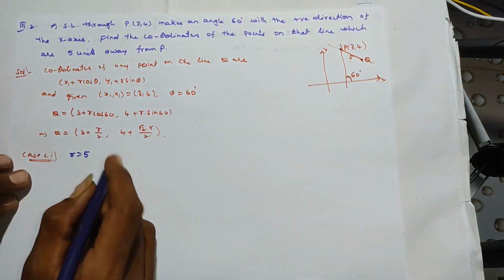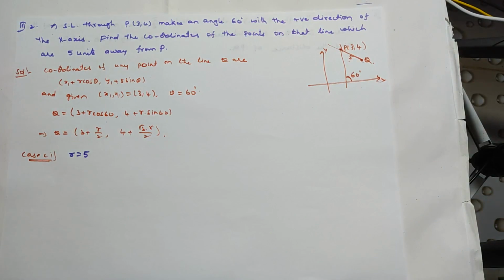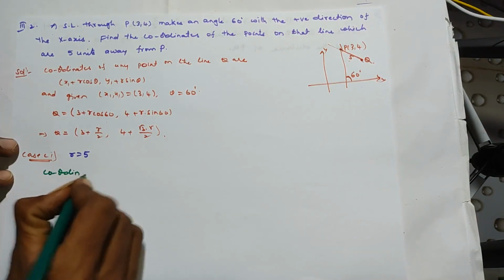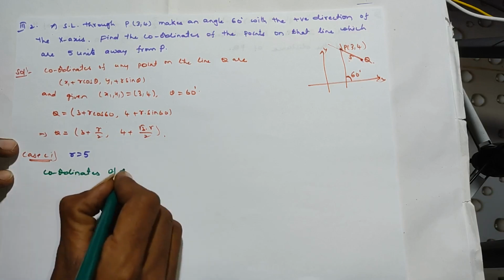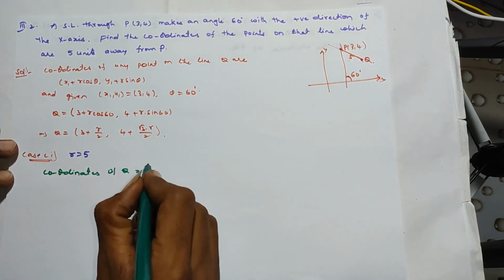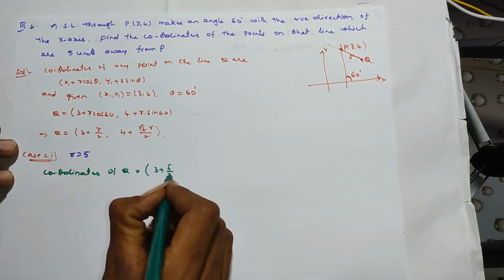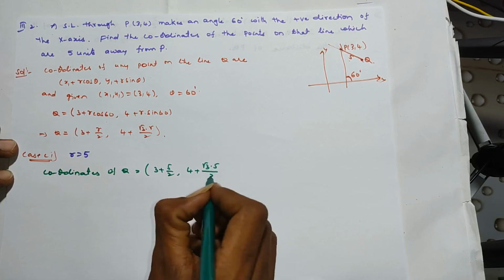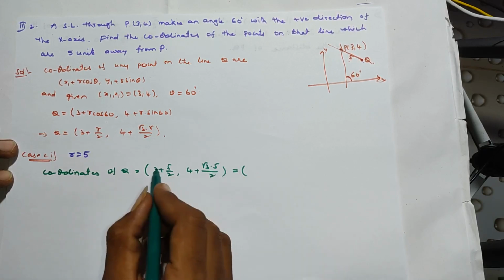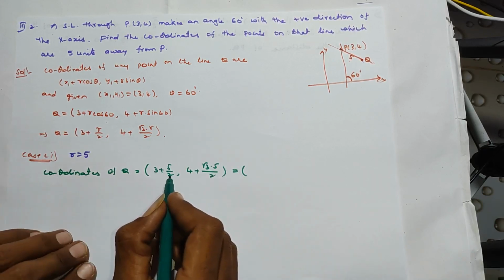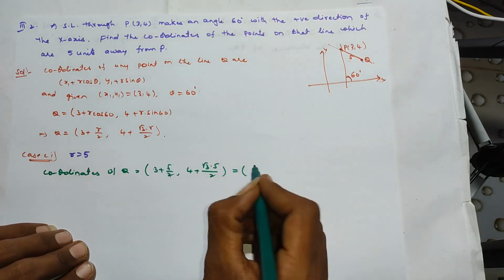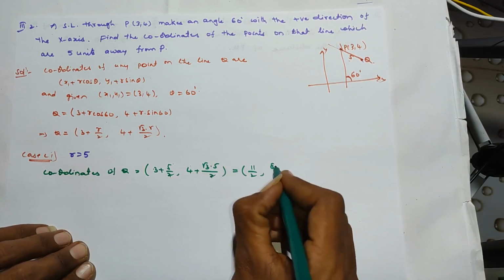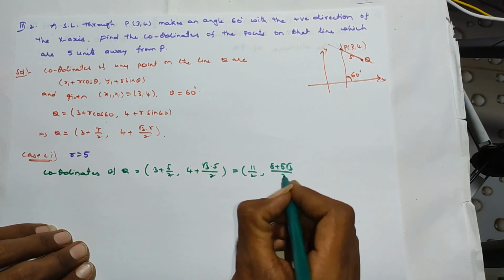If r is equal to 5, then the coordinates of Q are 3 plus 5 by 2 comma 4 plus root 3 into 5 by 2, that is equal to 3 plus 5, 2 is the LCM, 6 plus 5 is 11, that is 11 by 2 comma, here 2 is the LCM, 8 plus 5 root 3 by 2.